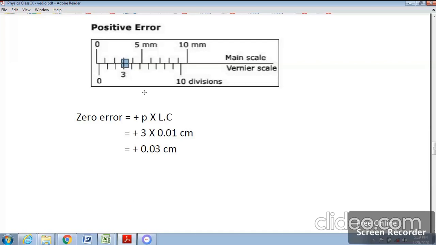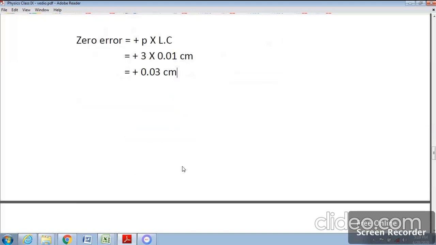So here P is equal to 3. That means the third division of the vernier scale is coinciding with the third division of the main scale. Hence, in place of P, we will write 3, and the zero error is 3 into 0.01, which is the least count. So the value of zero error is plus 0.03 centimeter.